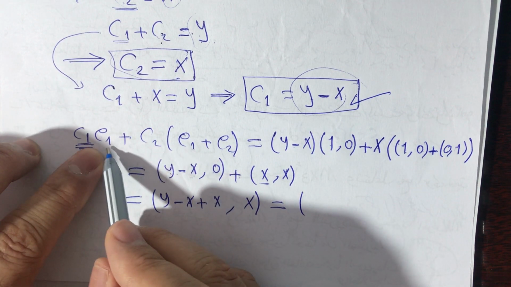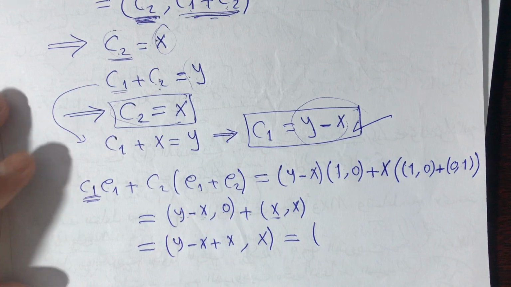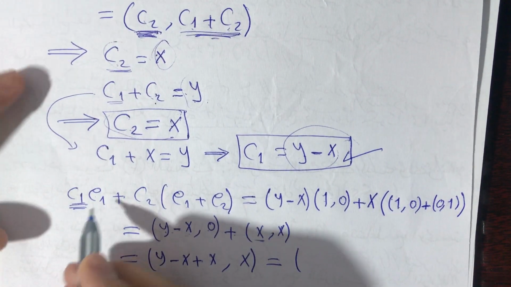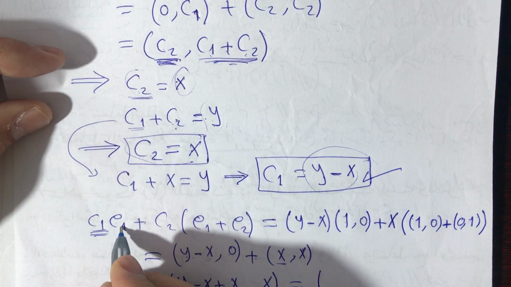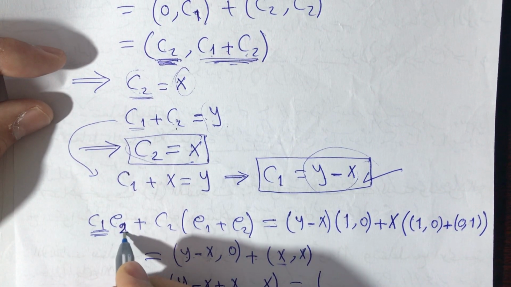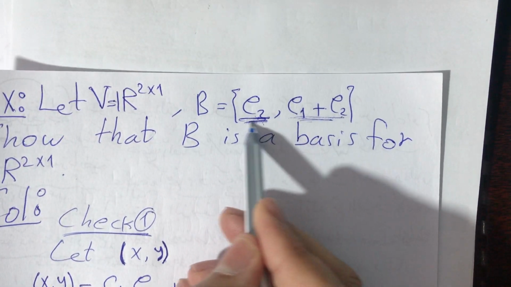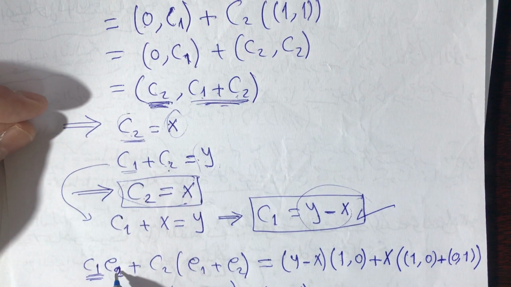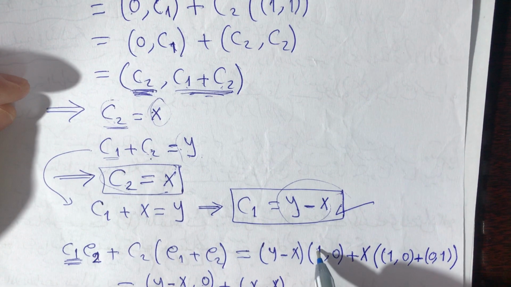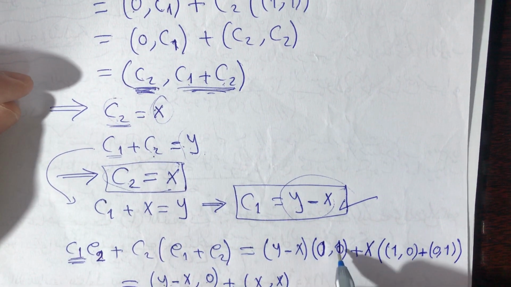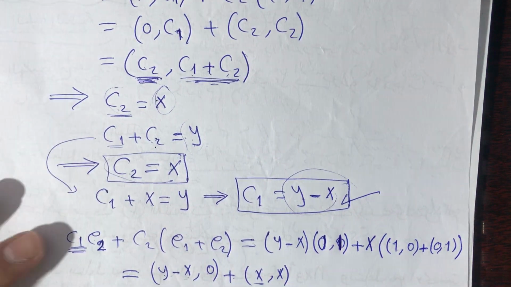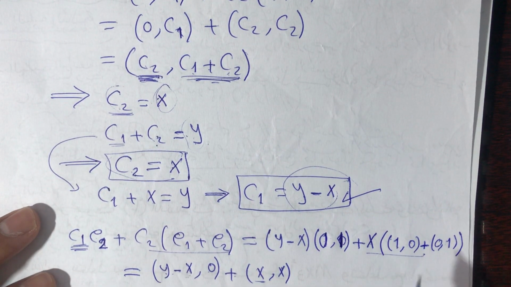Oh, here this is wrong, this should be E2, not E1. Here I have to write E2 because the first element is E2, and here E2 is (0, 1), and this is correct.